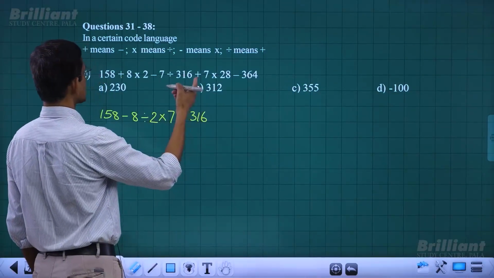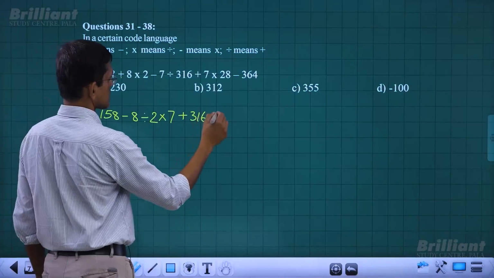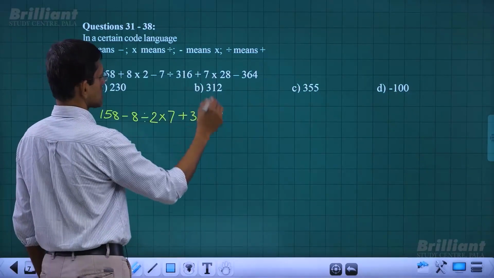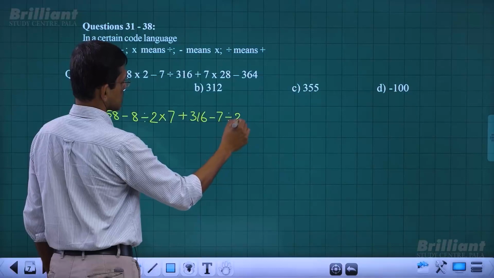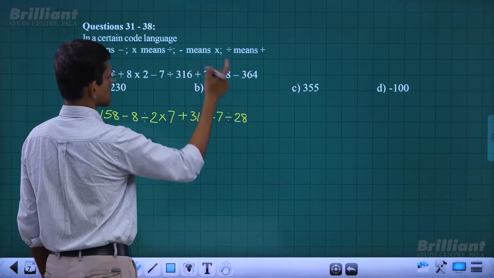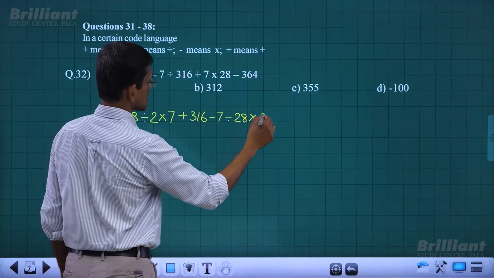Then plus means minus 7, multiplication means division 28, then minus means multiplication 364.